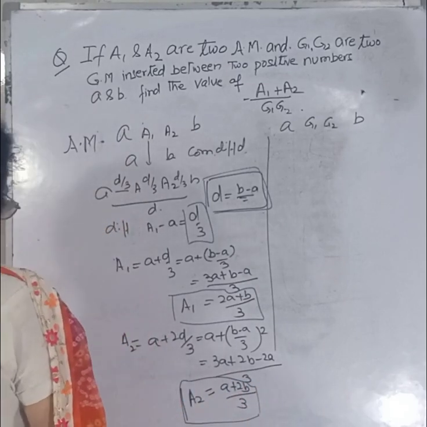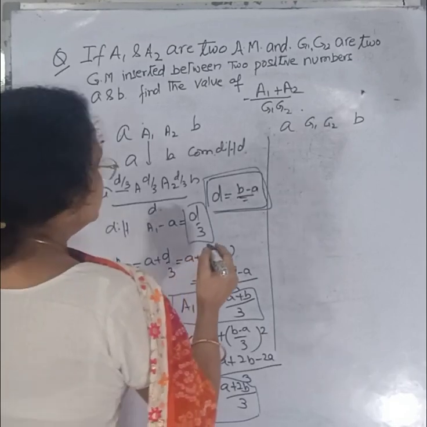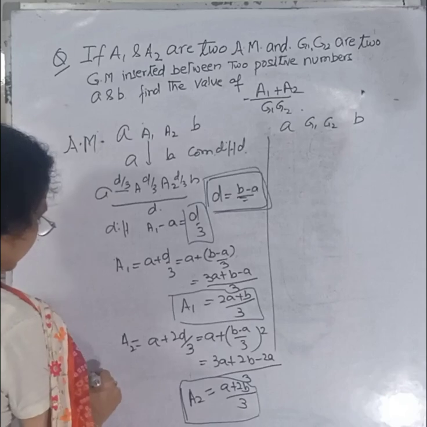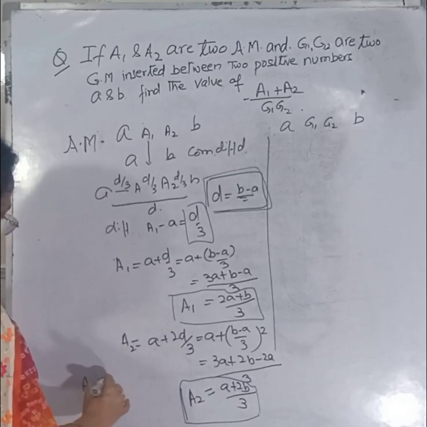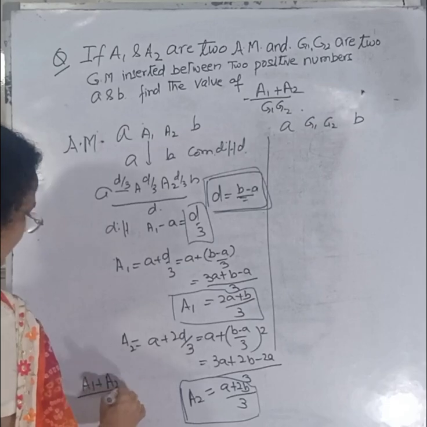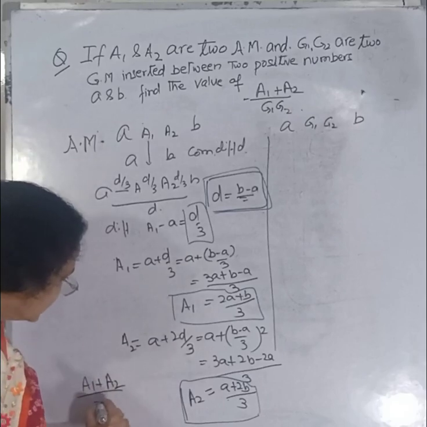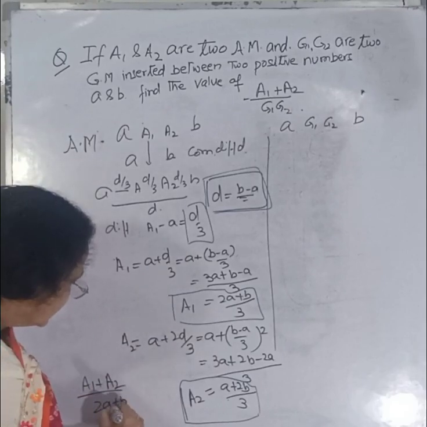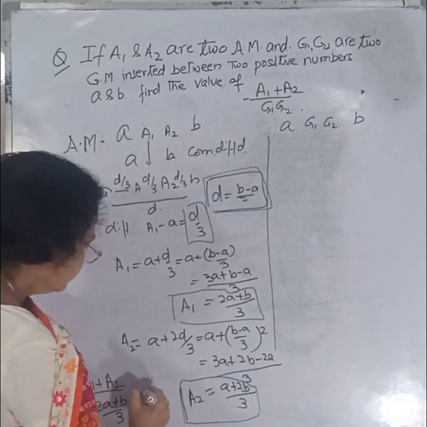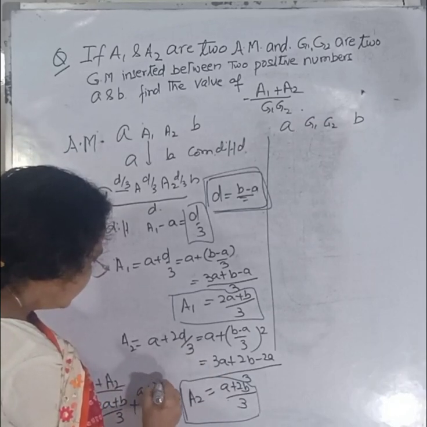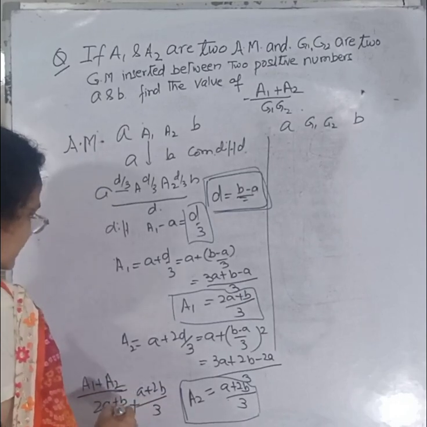Now A1 plus A2 will be equal to this plus this: (2A plus B) by 3 plus (A plus 2B) by 3. This is equal to 3(A plus B) by 3.